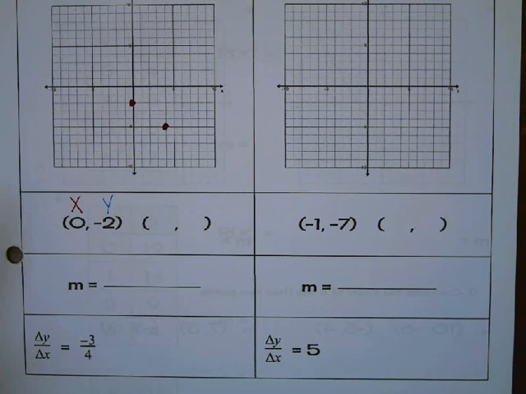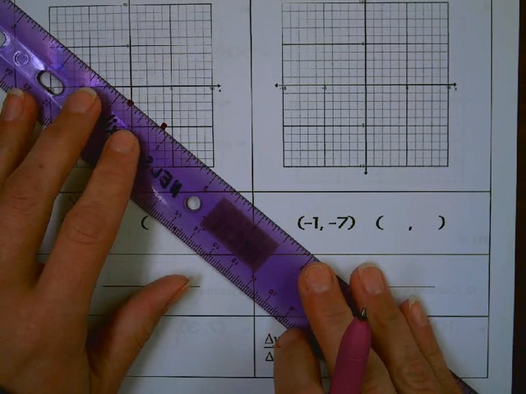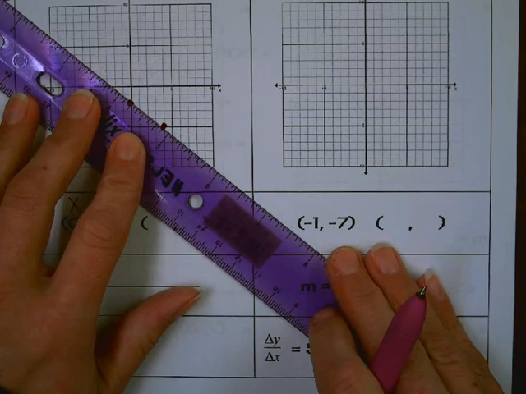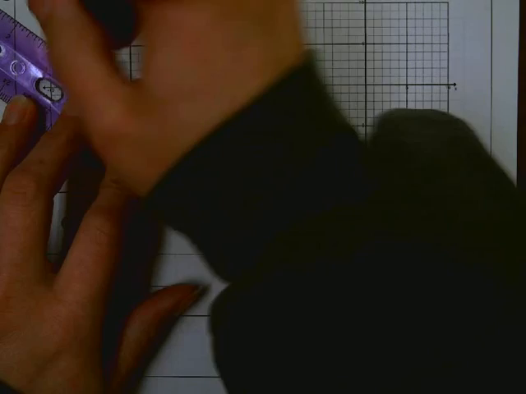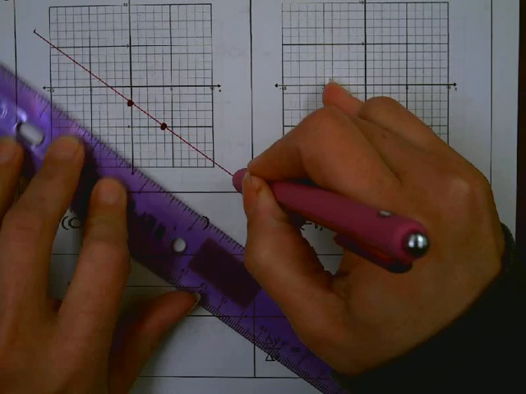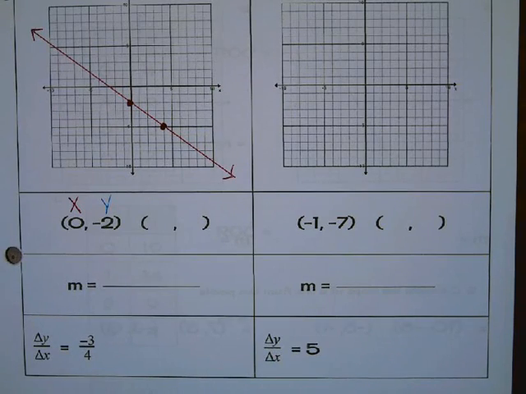So now that I have those 2 points, I can of course take my ruler, draw my line through those 2 points, making sure that my line goes all the way past my graph and I have arrows on both ends.